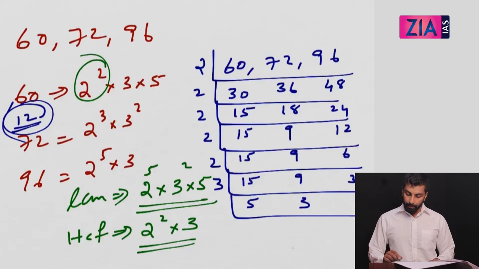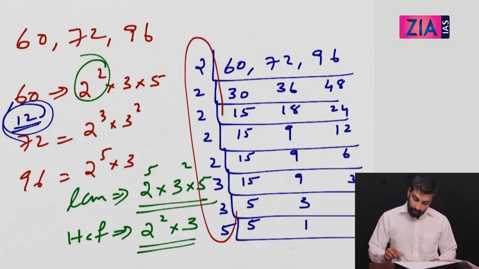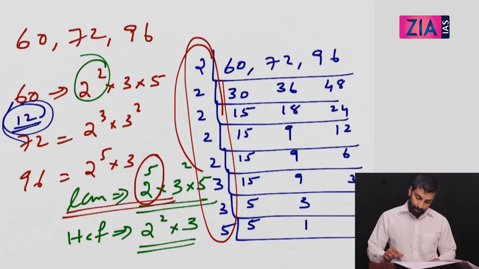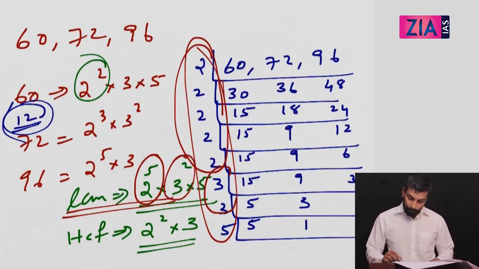Again there is one multiple of 3, so proceed with 3 again. This 5 you drop like that, 3 becomes 1, 1 is 1. Then 5, right? So what you got here is your LCM, that is 2 raised to 5, because 2 is there 5 times, 3 square, because 3 is there 2 times, and 1 time 5.